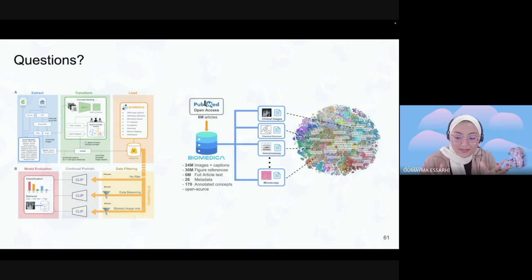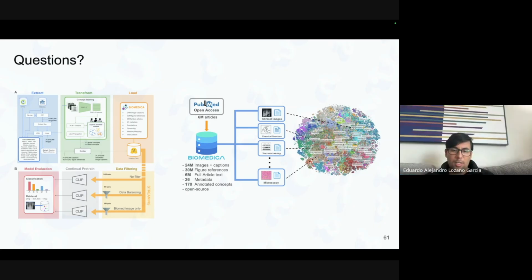As it's an open source dataset, I think you are open so that the community can collaborate on this. So based on these limitations, how can the community contribute? If anyone here wants to contribute, he or she can. Thank you so much.